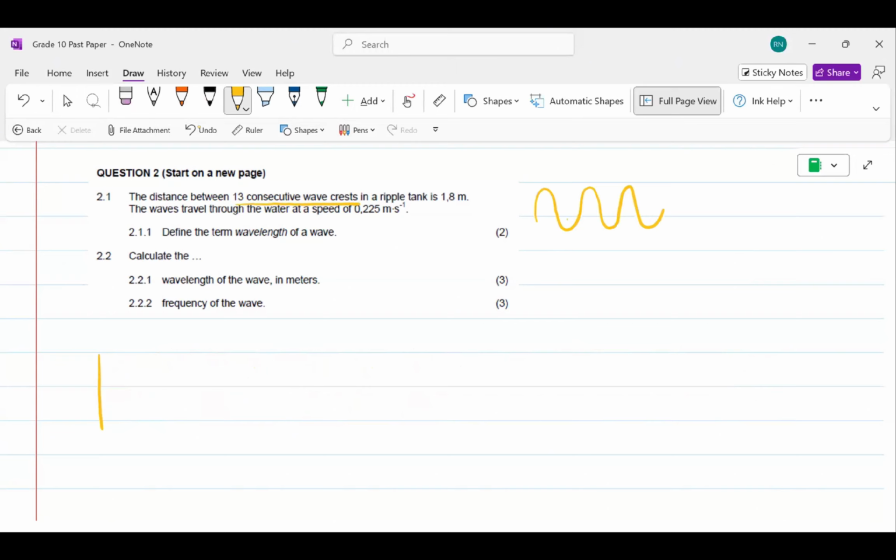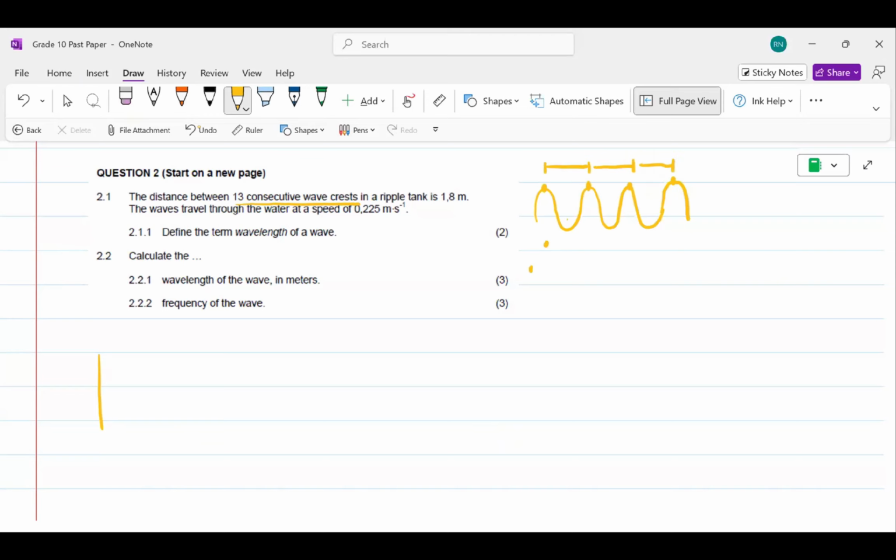We don't know if this wave starts at the bottom and then gets to a crest, or if it starts at a crest and then ends at a crest. We don't know where it starts necessarily, but we know that the distance between this and this over here is one wave. Then we have another wave here, then another wave going all the way to 13.